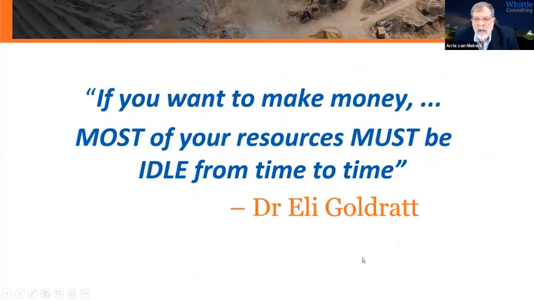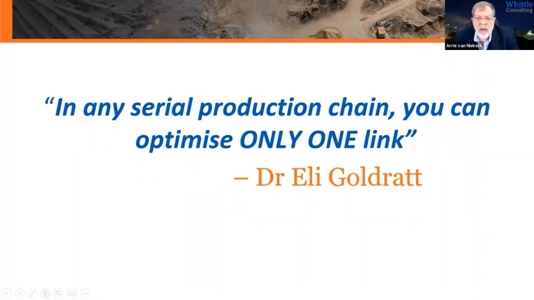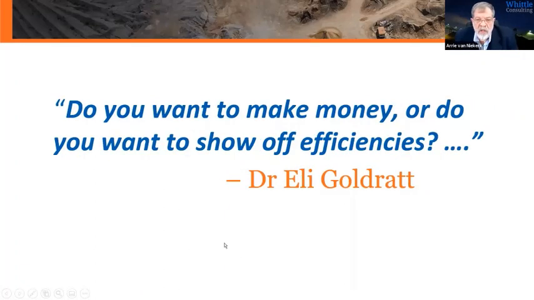Here's Dr. Eli Goldratt's statement. If you want to make money, most of your resources must be idle from time to time. And in any serial production chain, you can optimize only one link, not two. So you should never have two interactive bottlenecks. It will kill the flow. Do you want to make money or do you want to show off efficiencies?